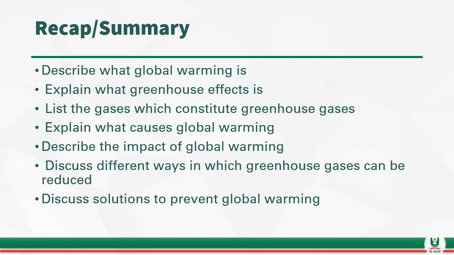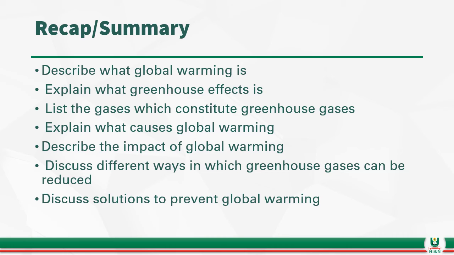Now, let's recap. Number one, global warming refers to the increase in the average temperature of global surface air and ocean as a result of natural events and human activities.